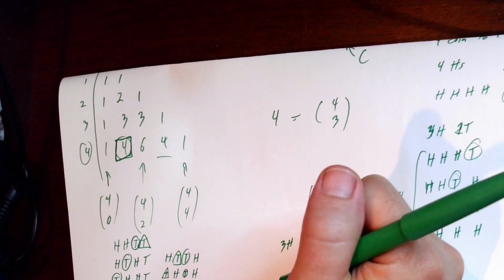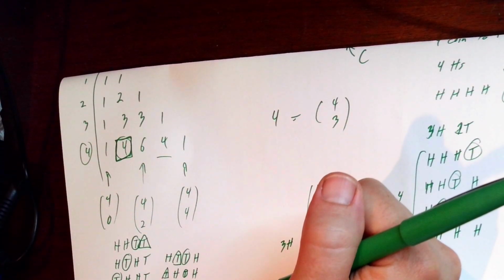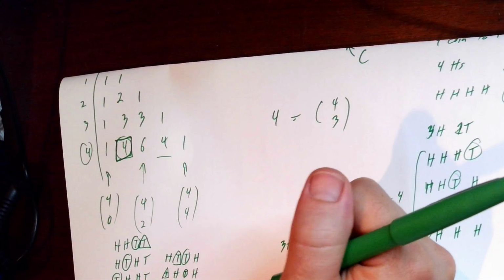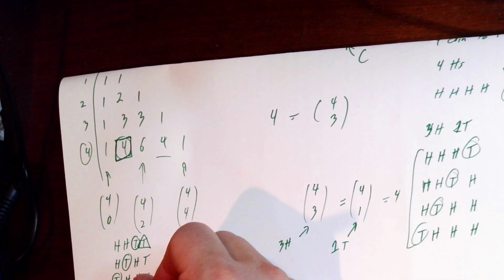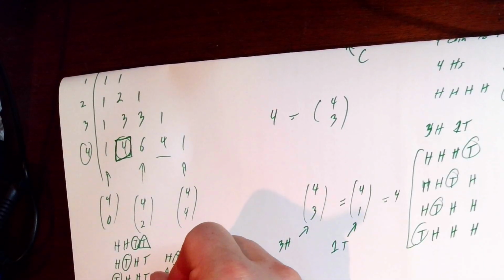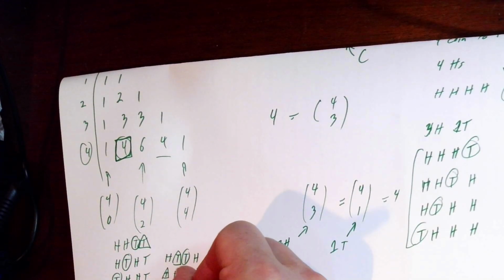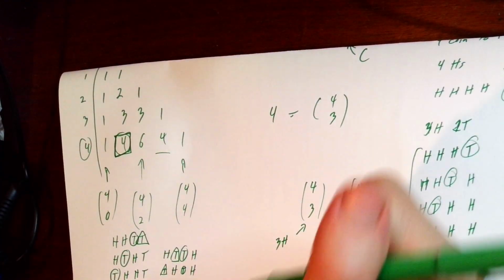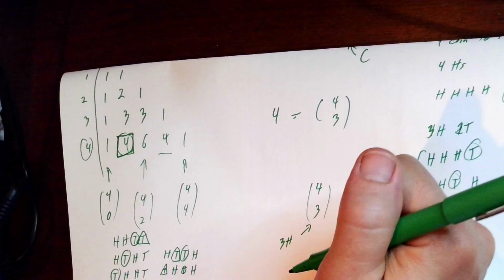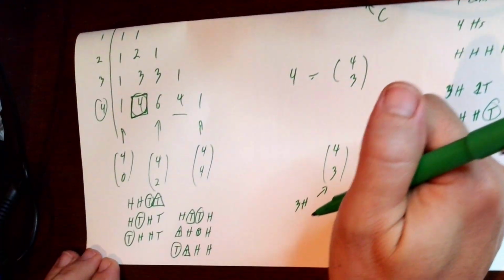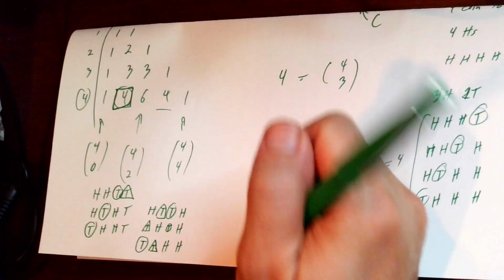Okay, that got me up to 5. What am I missing? Aha, I have not tried tail, tail, head, head. Okay. So that gets me all of them. Gets me all my different variations there. And it turns out that there were 6 of those. So that's how that works.